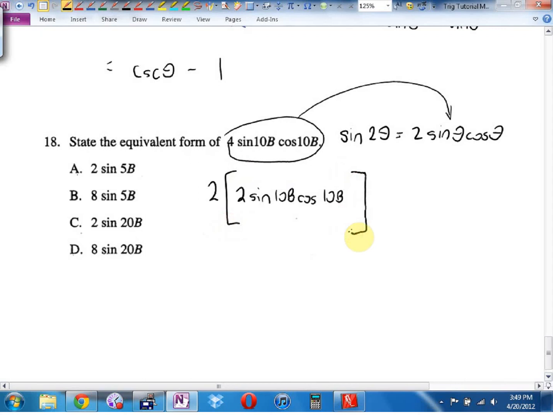I'm left-handed. This is harder than it looks. You guys okay with this? Now, what is 2 sine theta cos theta the same as? So, what's 2 sine 10b cos 10b the same as? This 2 is going to drop down, and this is going to be sine 2 times.